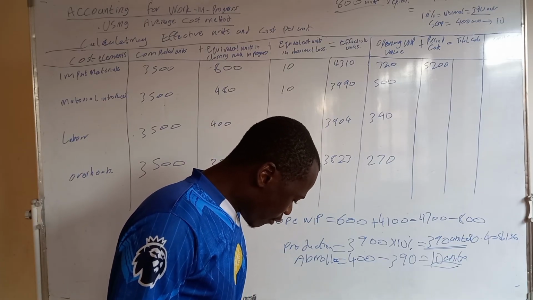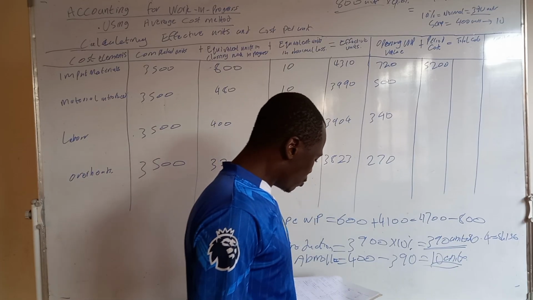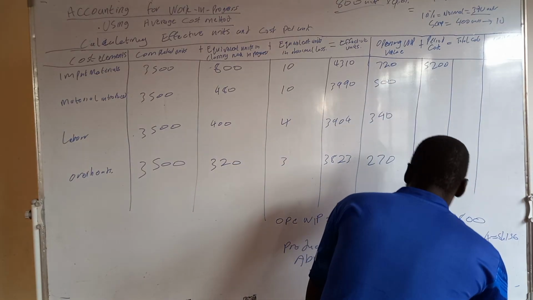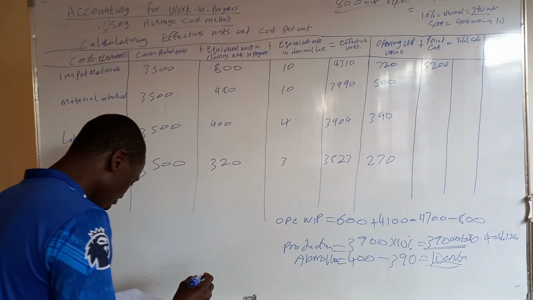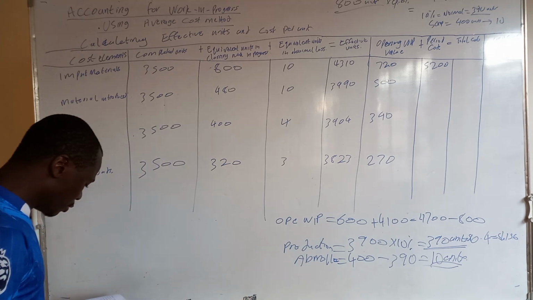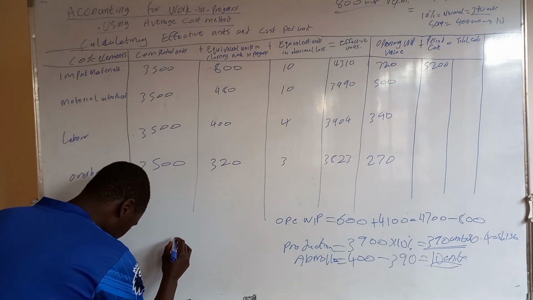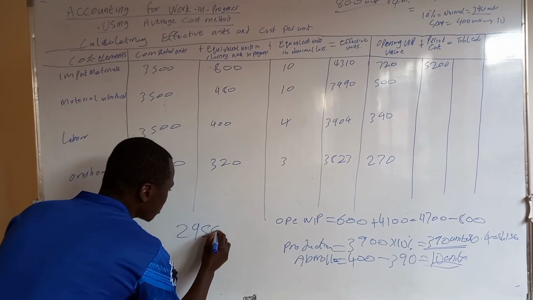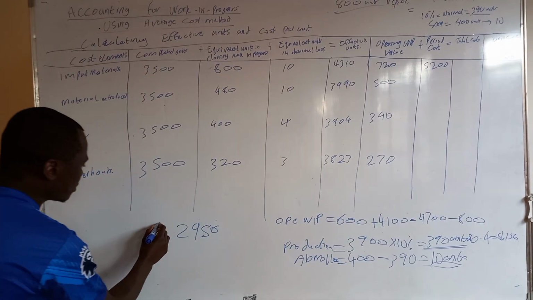The material introduced during this period cost 2,956 shillings.